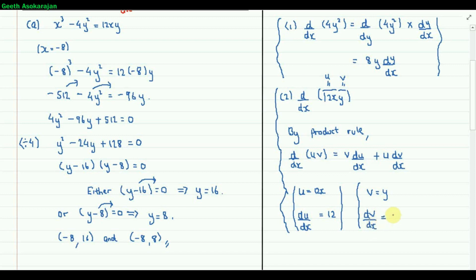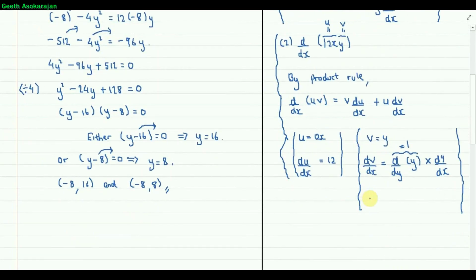So that is dv over dx. Remember the chain rule differentiates the y term with respect to y, then multiply by dy over dx. So if I go one stage further, d by dy of y is simply 1. So if I continue below, dv over dx is equal to 1 into dy over dx, which is dy by dx.